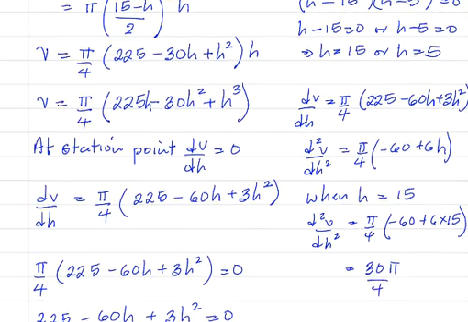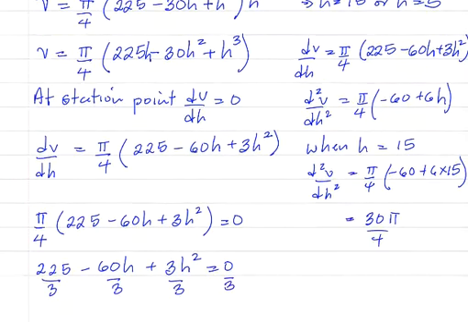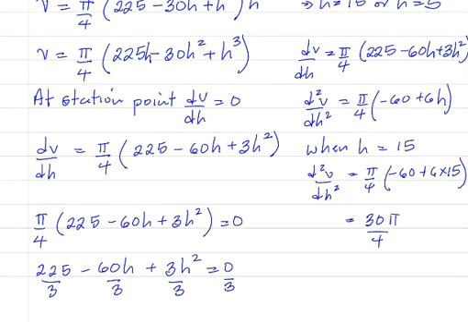All we want to establish here is that this is positive. If at the stationary point d2V by dh squared is positive, it means that we have a minimum turning point.